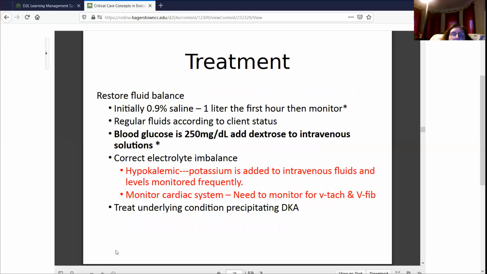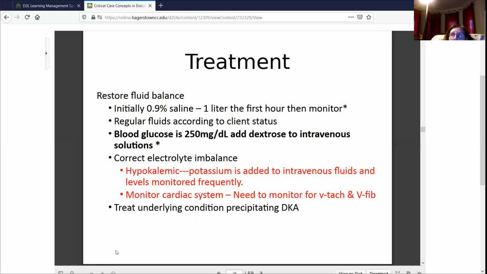Okay. So you also need to restore their fluid balance. Initially 0.9 saline, 1 liter the first hour, and you monitor. Regulate fluids according to client status. And then when the blood glucose drops to 250 milligrams per deciliter, you add dextrose to the intravenous solutions, okay?